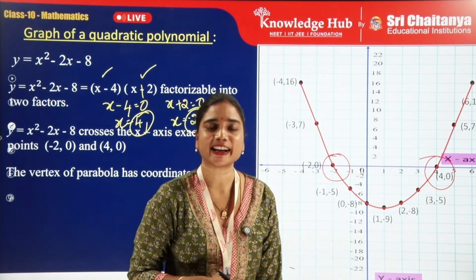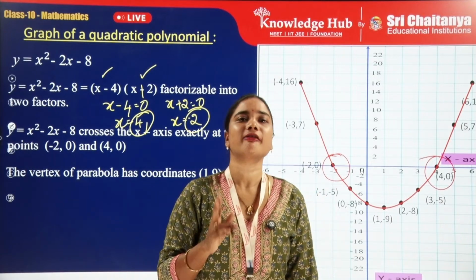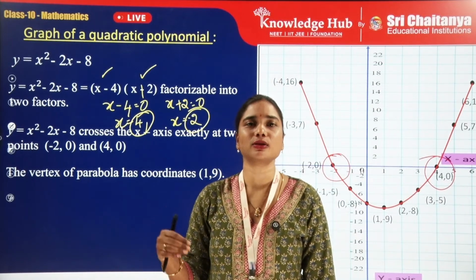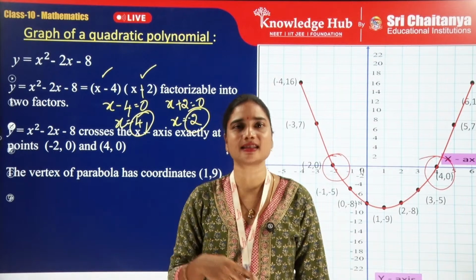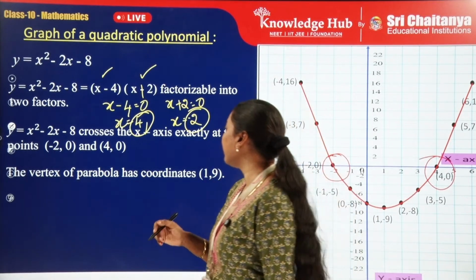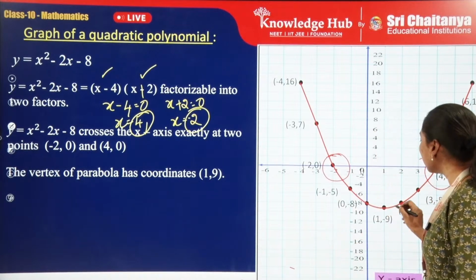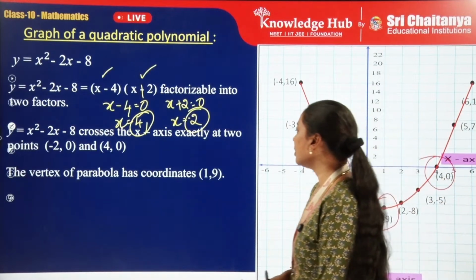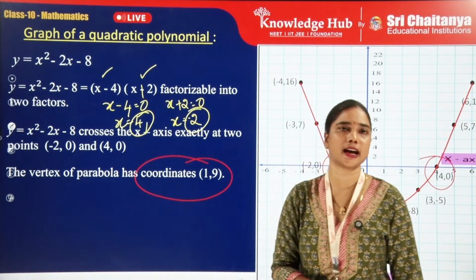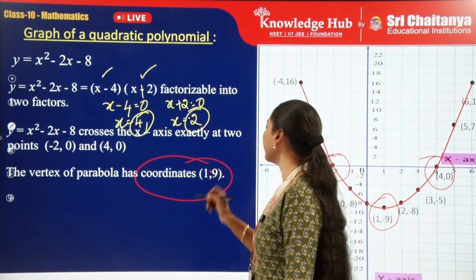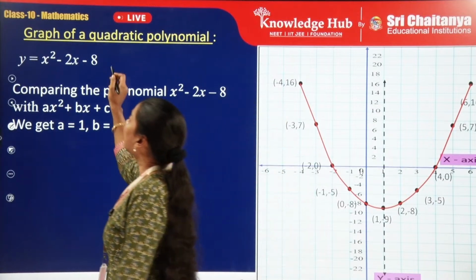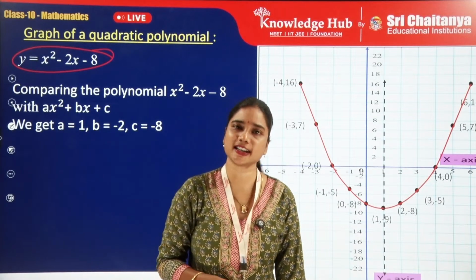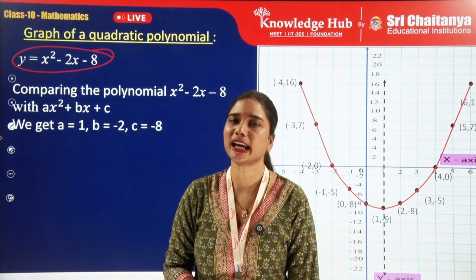So after factorizing the given quadratic polynomial, we have two linear factors and find the values of x. At those values, the parabola touches the x-axis. And if you observe the exact point here, 1 comma minus 9, that is called the vertex of the parabola. Now compare the given quadratic polynomial with the general form of a quadratic polynomial, ax square plus bx plus c.